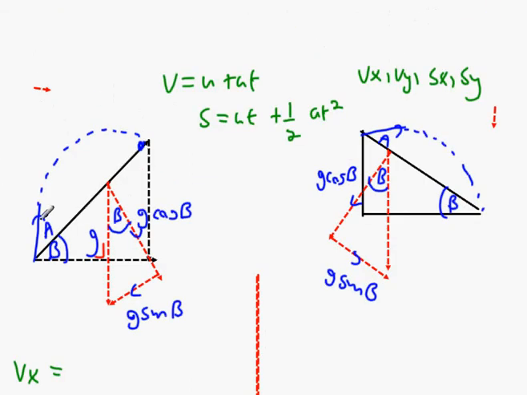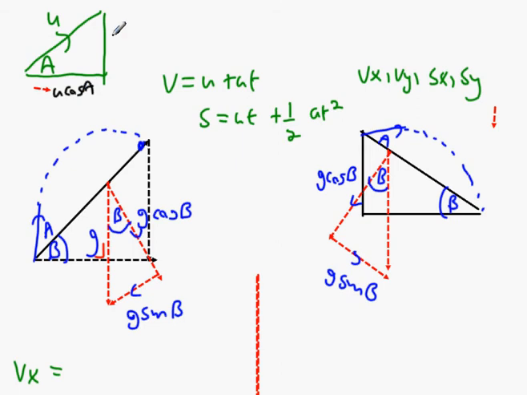So I look at this here, and what I'm doing is breaking that up into its components parallel and perpendicular to the plane. I call the generic speed u. It's launched at an angle A relative to the plane, so its component parallel to the line of the plane is going to be u cos a.